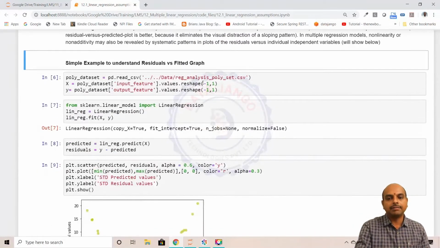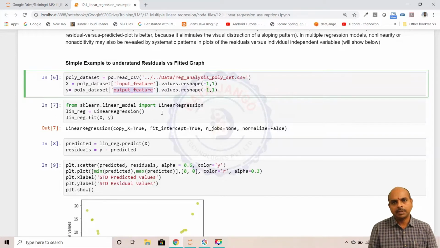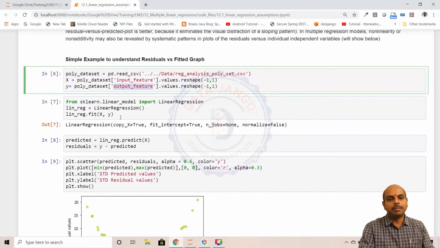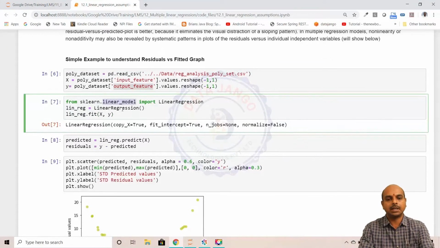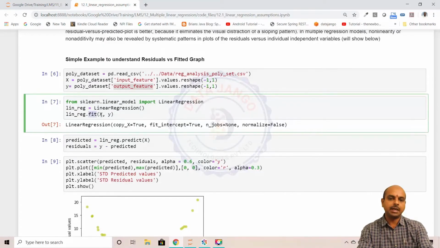So I have taken a simple data set with one input variable and one output variable. I don't know how they are related, and I am not going to even check it. Then I built a linear regression model, here using scikit-learn's linear regression. I actually trained a linear regression model here. When I say fit and pass x and y, that's what is training.